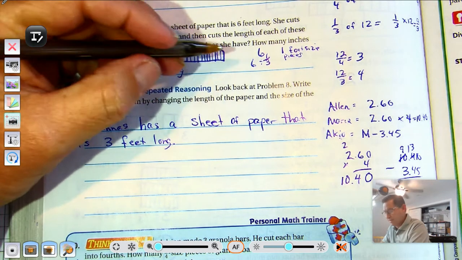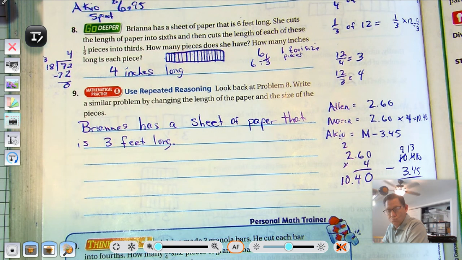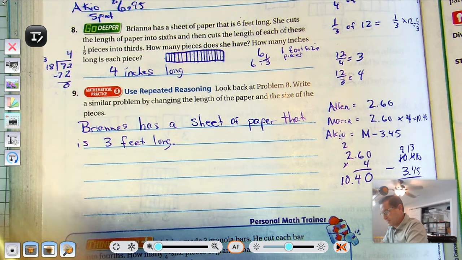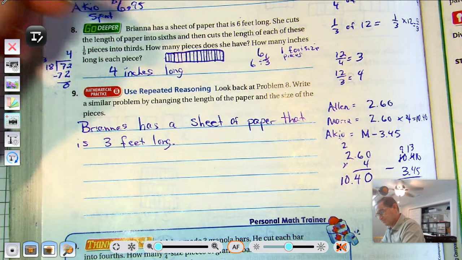I'm saying she's going to cut them into... change the length and the size of the pieces. All right, let's cut these pieces.